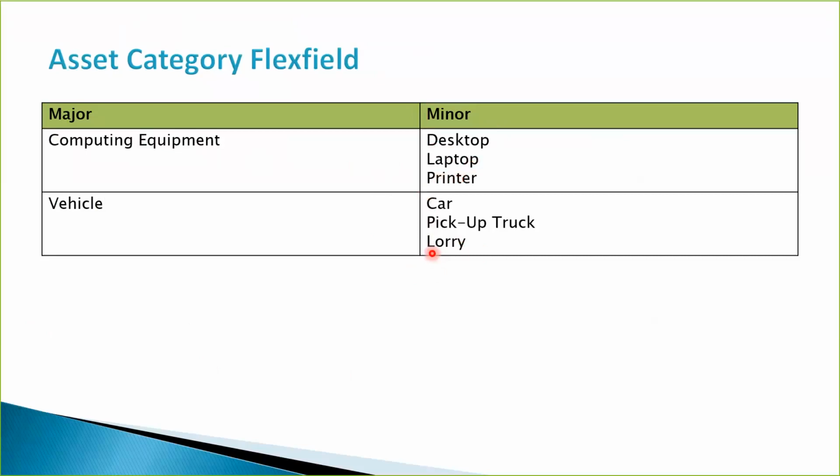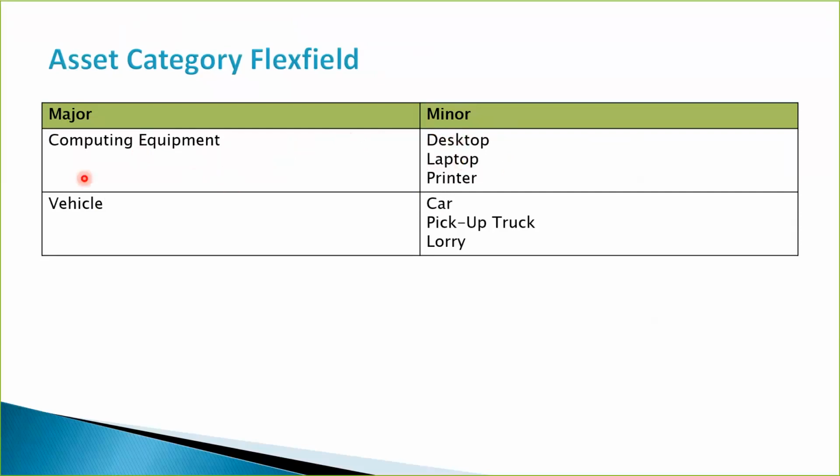You can create this minor value set as a dependent one, okay? So depending on what is entered here, it will give you appropriate results in this field, okay? So if you select computing equipment, these are the values you get.